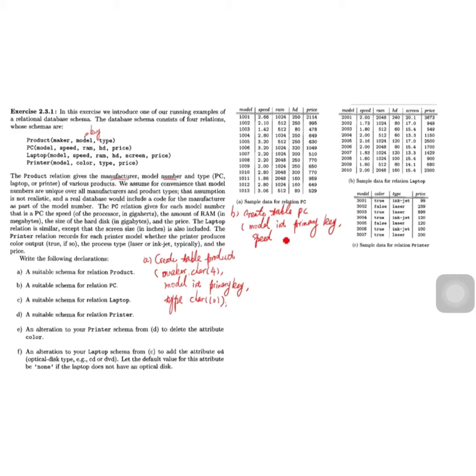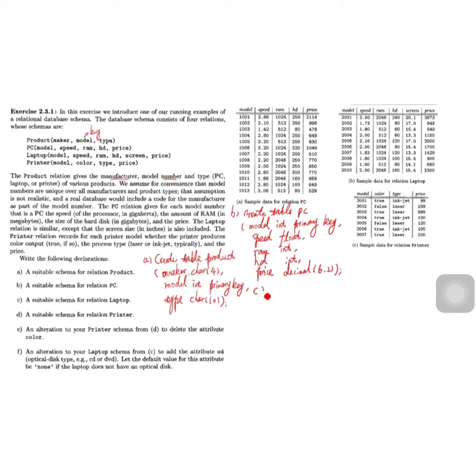Let me choose float. RAM int, HD int, price. We use decimal. This is the create table sentence for PC.